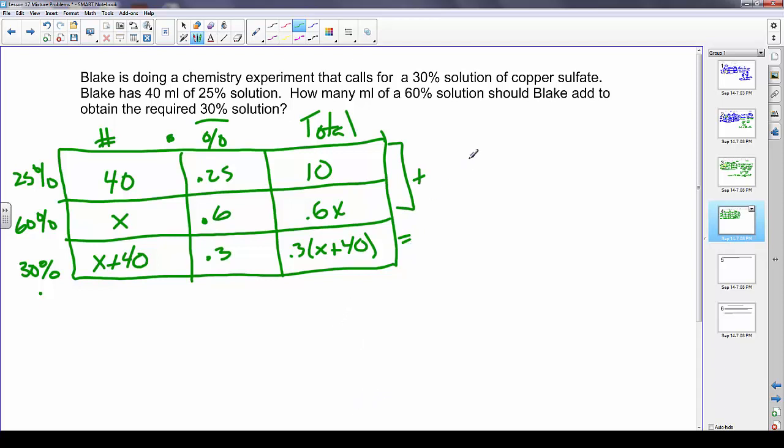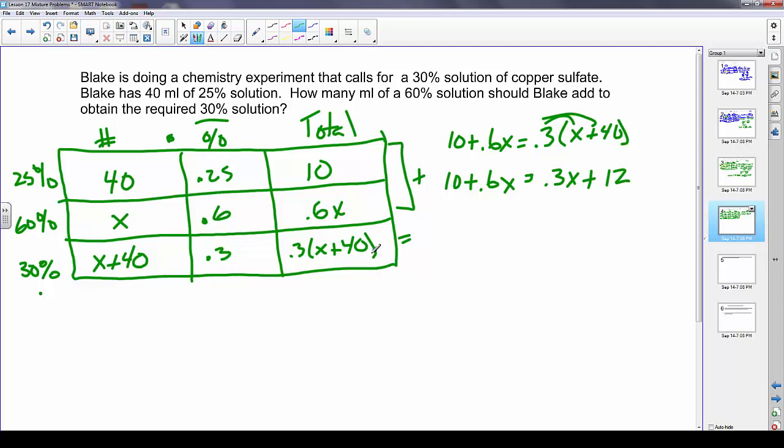So I set my equation up as 10 plus 0.6x is equal to 0.3 times x plus 40, and I'll have to distribute. So I have 10 plus 0.6x equals 0.3x, and then 40 times 0.3 is just 12.